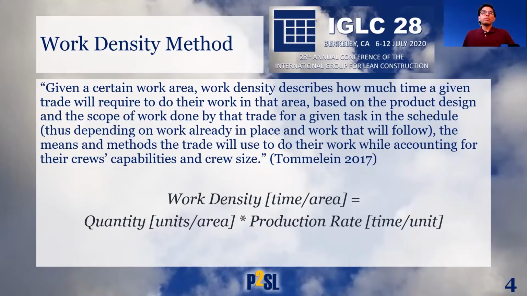For example, mounting a sink in a kitchen can be a separate step from actually mounting the faucets and connecting it to the plumbing system. Alternatively, both of these steps can be combined together, and if so, then their work densities can be simply added.